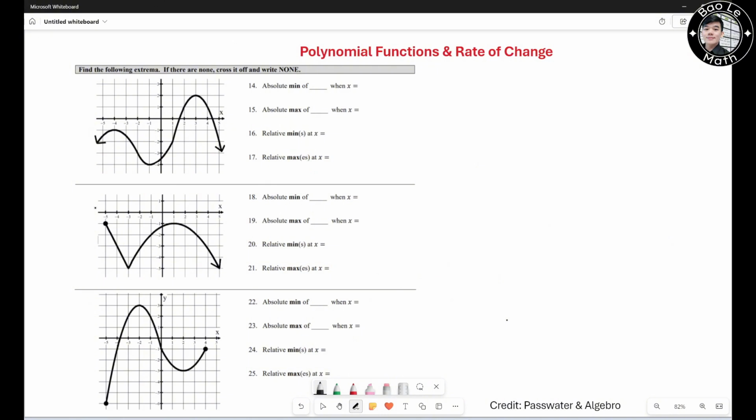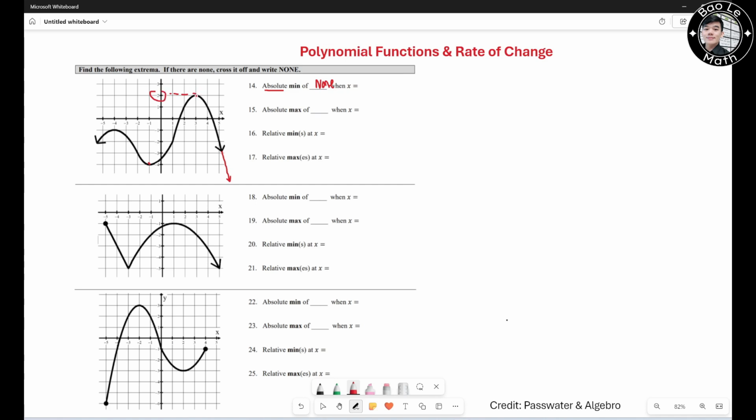Now let's take a look at the last example. Find the following extrema. Now question number 14, absolute minimum. Absolute minimum is the least value of the minima, right? So none, right? Because this keeps going forever, even though this is a local minimum. So this one is none. Question 15, absolute maximum of 2 right here, right?